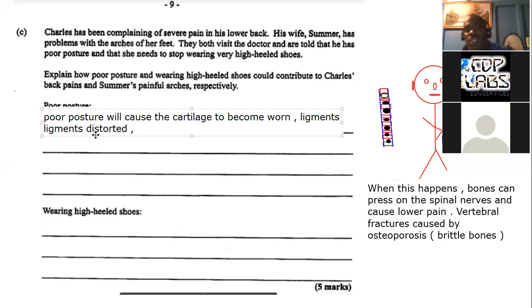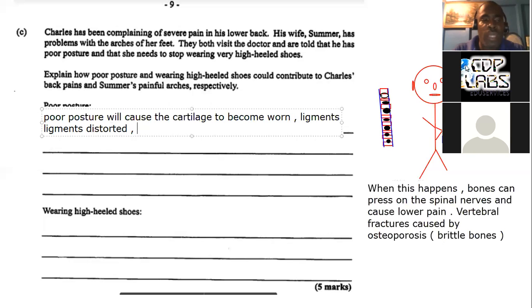And as the bones rub together, they're going to start pressing onto the what? Spinal nerves, right? Good. So when the cartilage is worn, the bones start to press onto the spinal nerves. And that will cause what? Lower back pain. Thank you very much, Mona. All right? Very good.